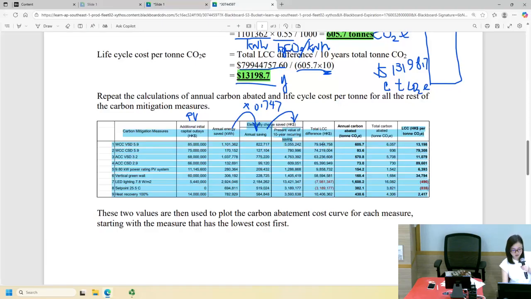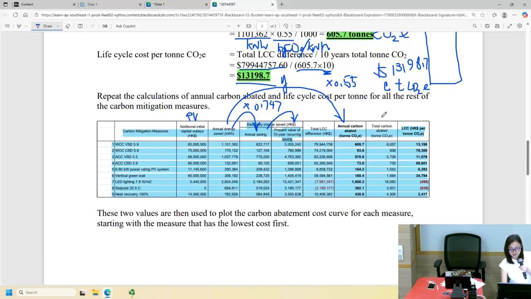We can also calculate the annual carbon embedded from the annual energy saved by multiplying by the emission factor. By multiplying the emission factor, you can convert energy consumption or energy saving into carbon reduction.